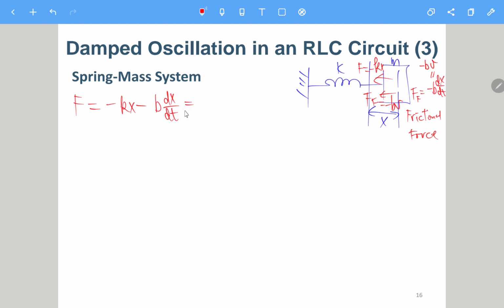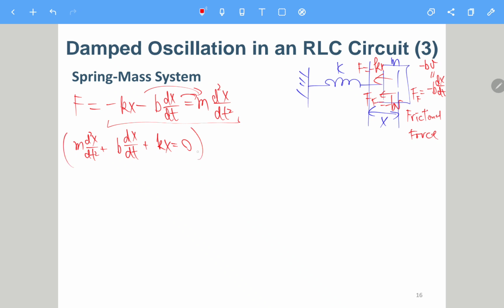According to Newton's second law of motion, F equals ma, where a is the second derivative of the displacement. Then we move this to the left side, so we have m d2x/dt2 plus b times dx/dt plus kx equals 0.